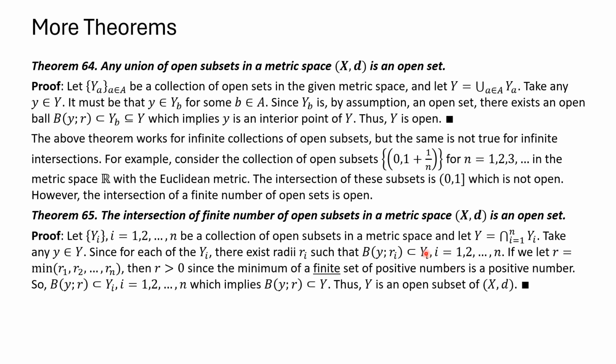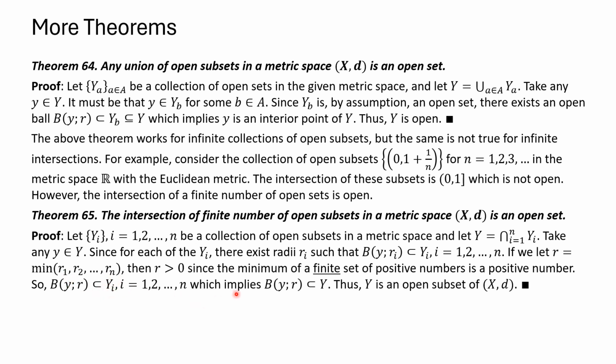Since we have just a finite number of these r sub i's, let r equal the minimum of all the r sub i's. Then r is greater than 0 since it's the minimum of a finite set of positive numbers. And so the open ball about y of radius r is in all of the capital Y sub i, since we've taken the smallest out of all of these, so it has to be in each Y sub i.